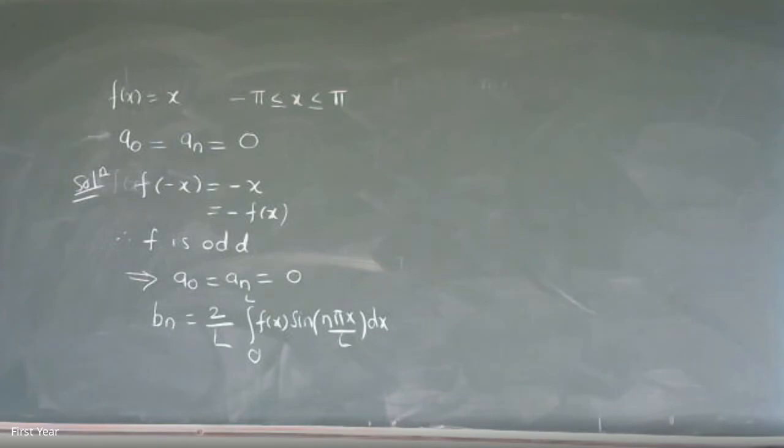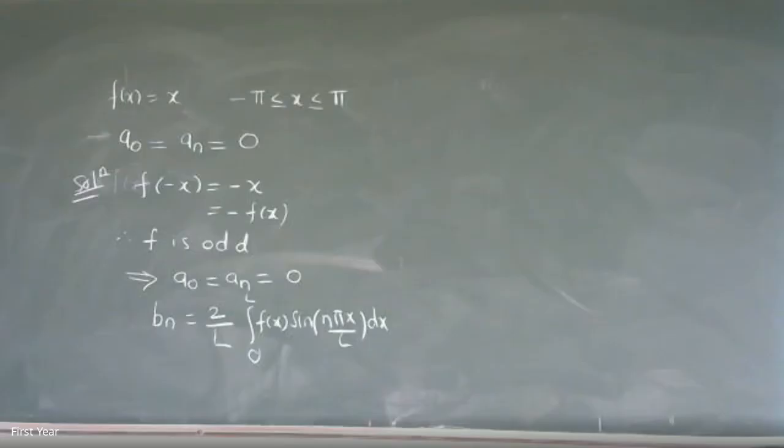Is this clear? a naught is 0, an is 0, only what remains is bn. And what's the formula for bn? Do you remember this formula, or should I write the standard formula and then we'll see how we get this 2 by n integration 0 to n? Everybody knows this? Okay, fine.